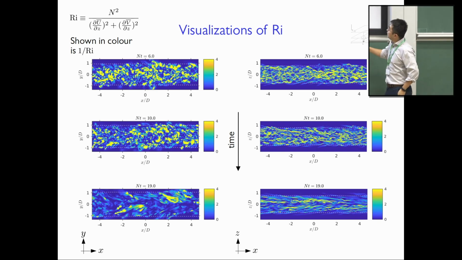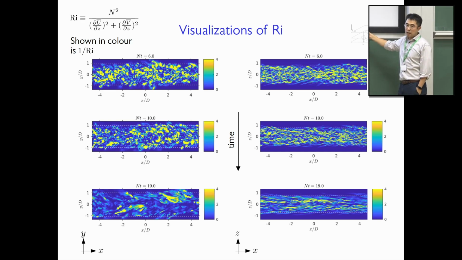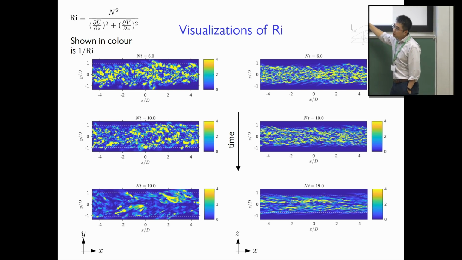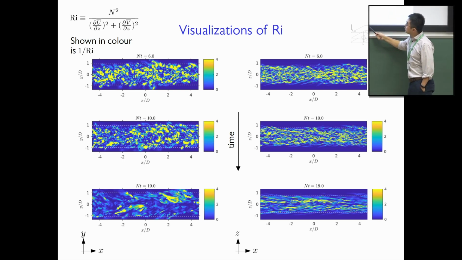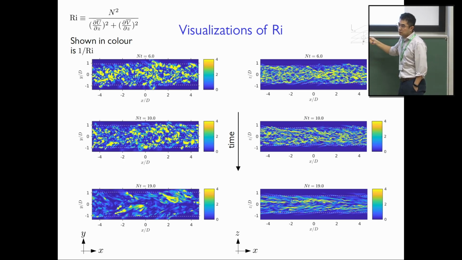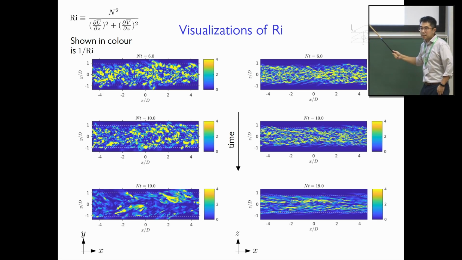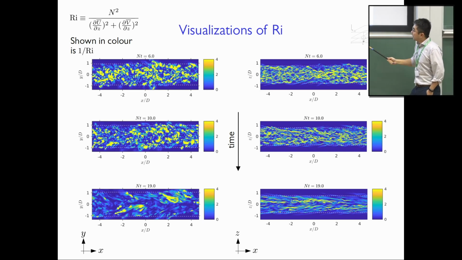If you see anything yellow, that means the RI value is below a quarter, so it's unstable. If you look at the horizontal slice, you see lots of patches of yellow. That means within all those locations it's shear unstable. RI is lower than a quarter, and they come in patches.